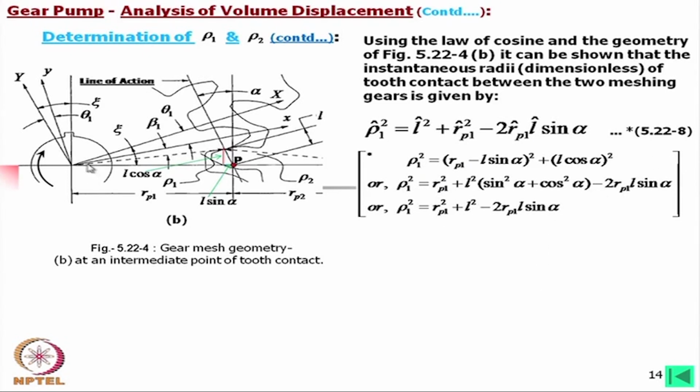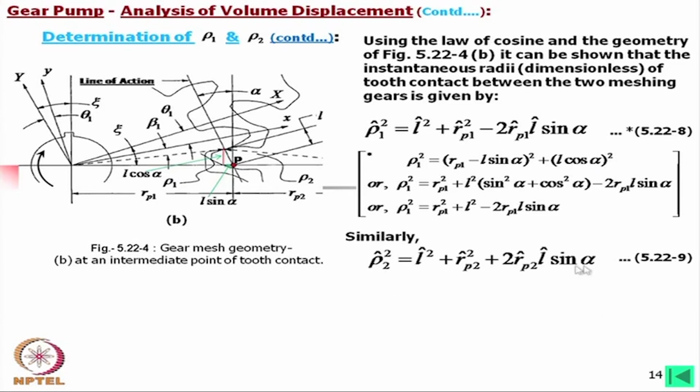You can write down this square must be equal to (R P 1 minus L sin alpha) squared plus (L cos alpha) squared. Now, if we simplify this, we will arrive at this form, which we have non-dimensionalized and used in this equation. This is not difficult to find out.